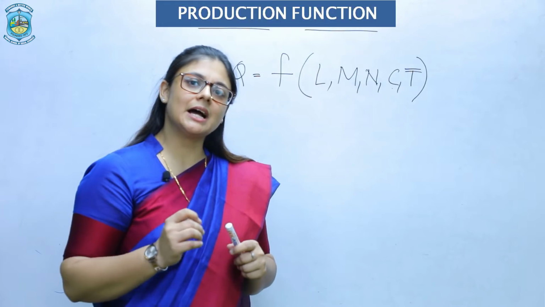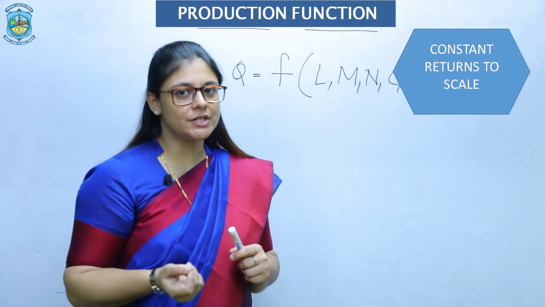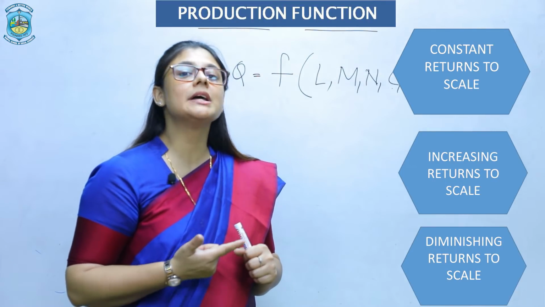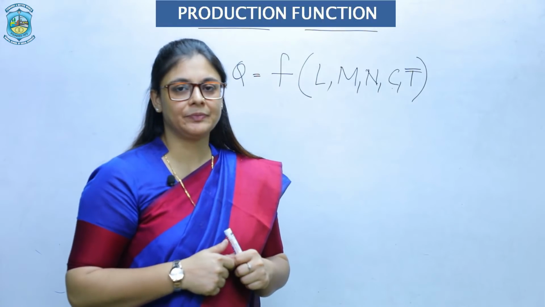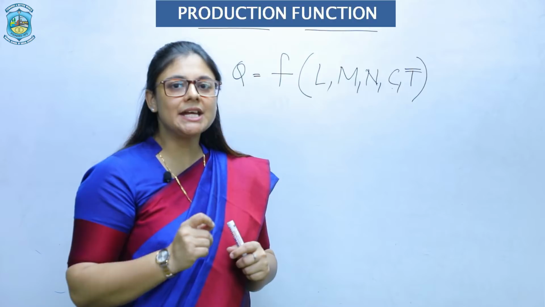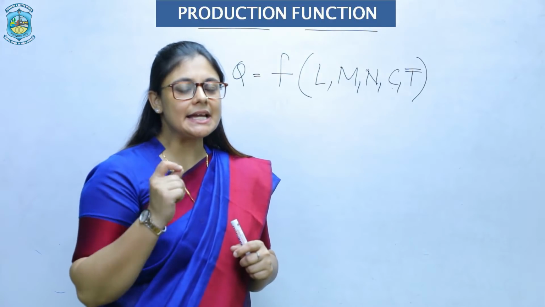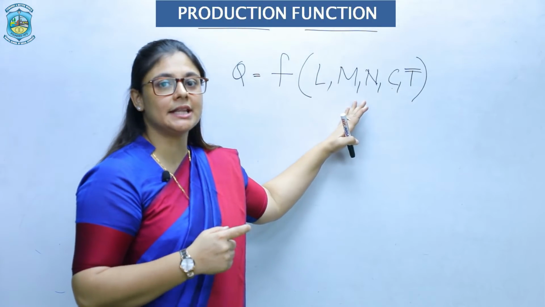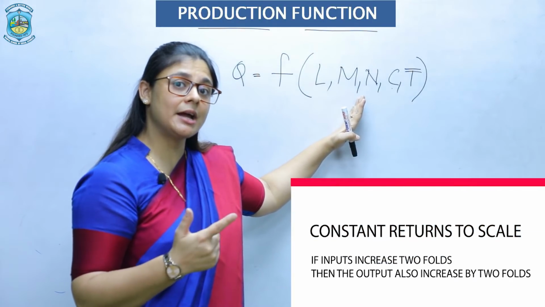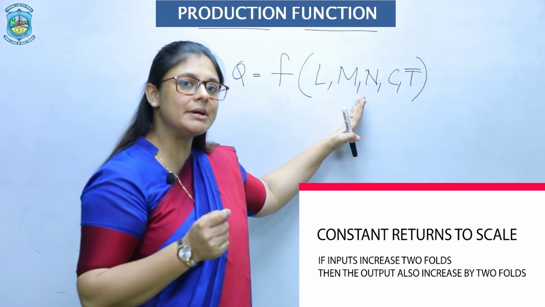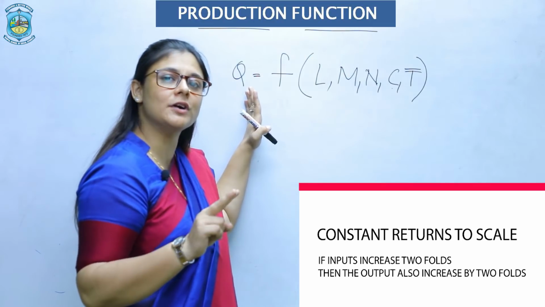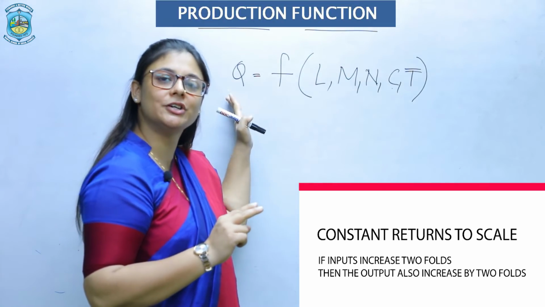The returns to scale are of three types: constant return to scale, increasing returns to scale, and the diminishing or decreasing returns to scale. Now let's talk about the constant return to scale. If the change in the output is exactly equal to the proportional change in the inputs, that means if the inputs are changing by two-folds and exactly your output is also changing two-folds, then it is a constant return to scale.